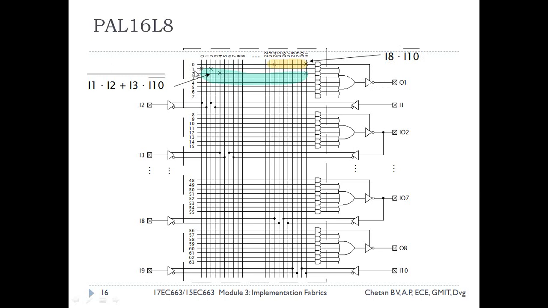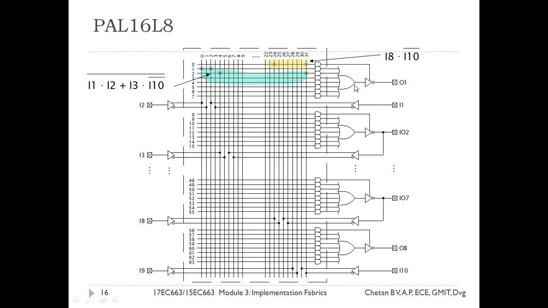You can see horizontal line 1, where vertical line 0 and vertical line 2 are having fuses. So this will implement the product term I1.I2. Similarly, you can observe horizontal line 2, where vertical lines 4 and 31 are having fuses, which will implement I3.I10 bar.